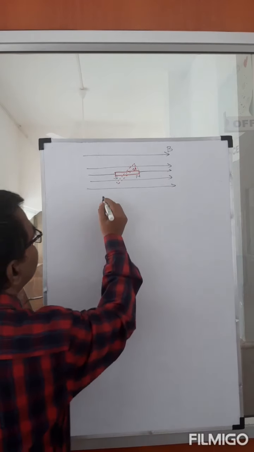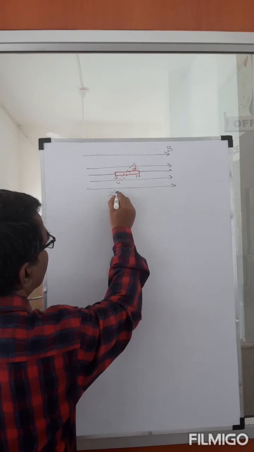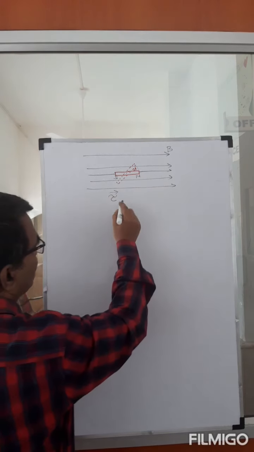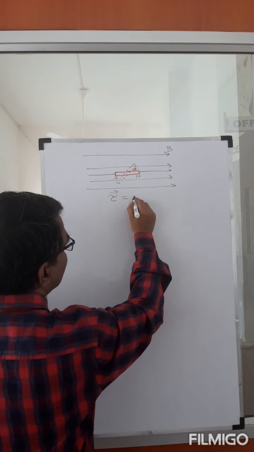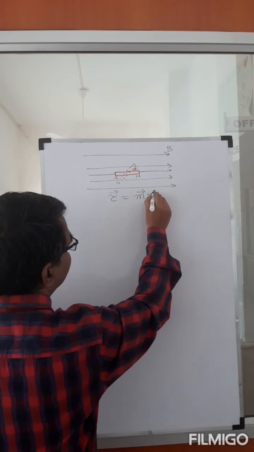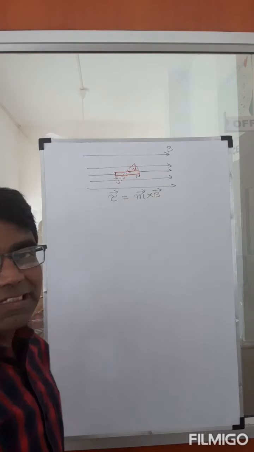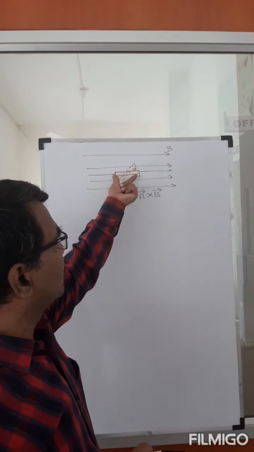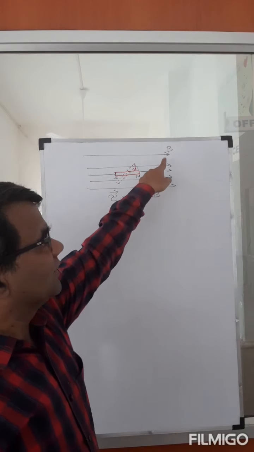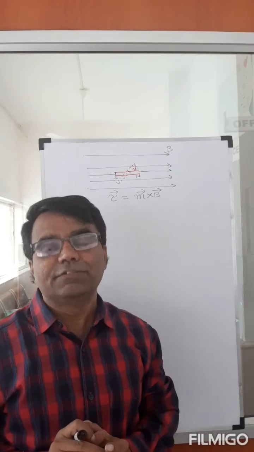And that would be, so tau vector, the torque, is equal to, as we already know, m cross B. This m is the magnetic dipole moment of the bar magnet, and this B is the field strength of the external magnetic field.